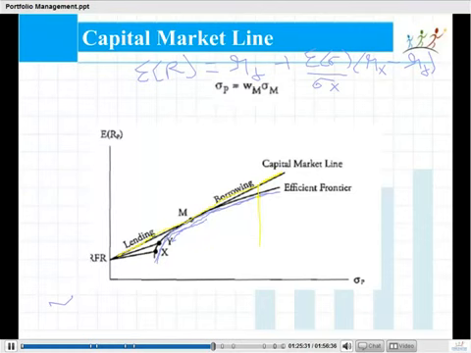Remember guys, all these lines that combine the risky asset with the risk-free asset are called capital allocation lines. They are called CAL, capital allocation line.